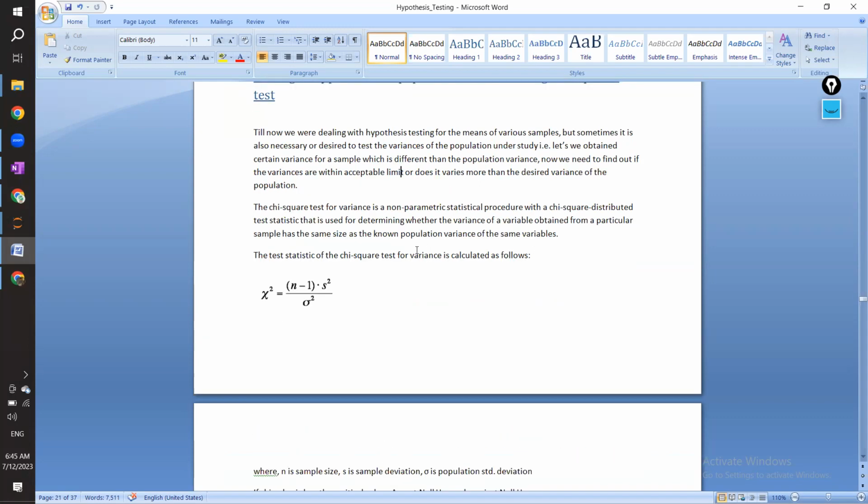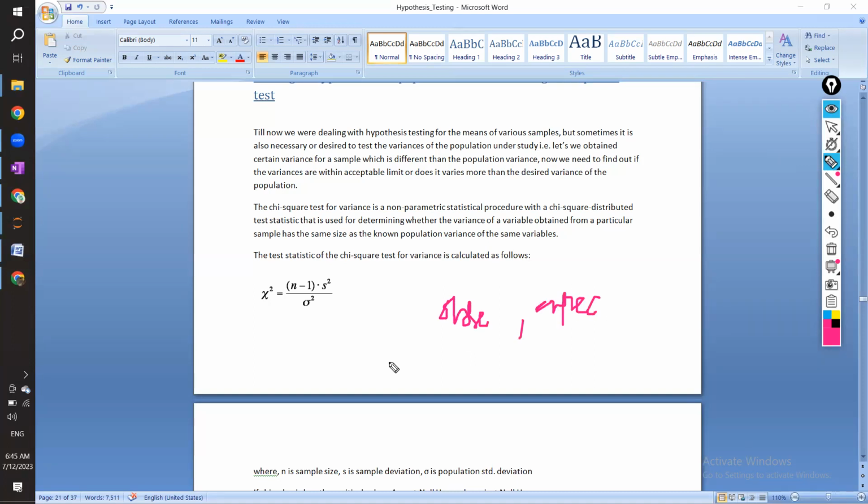So basically, chi-square test is mostly used to find out the difference between the observed values and the expected values for categorical variables. For example, there are boys and girls in a class, and the favorite color for boys is, let's say, green, and the favorite color for girls is pink.